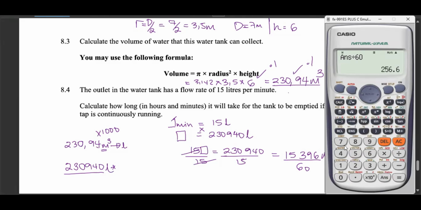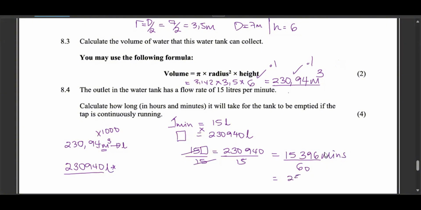So you have 256 hours, 0.6. So 256. These are what? Hours. Remember the question wants hours and minutes. So full hours are 256. These are hours. What about the minutes?